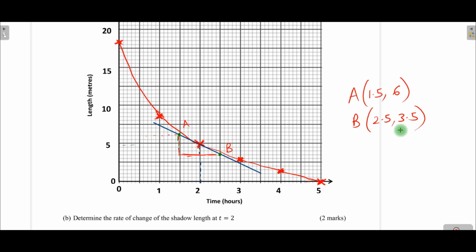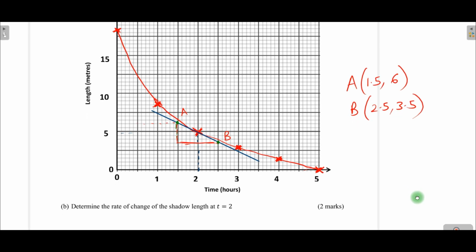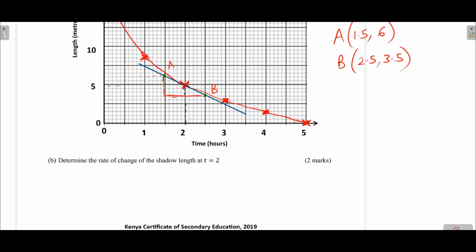Therefore, let me get the gradient at those particular points. The gradient or the slope will be the change in length over change in time, and therefore let me get the difference. Change in the y-axis is 6 minus 3.5 all over change in the x-axis, 1.5 minus 2.5.